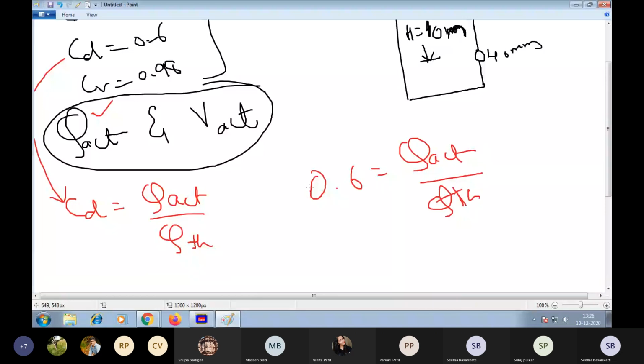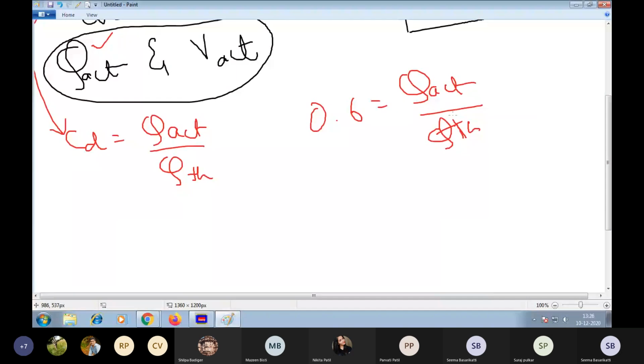Now how are we going to identify the theoretical discharge? What is the equation? Theoretical discharge is theoretical area into theoretical velocity. So what is theoretical area?